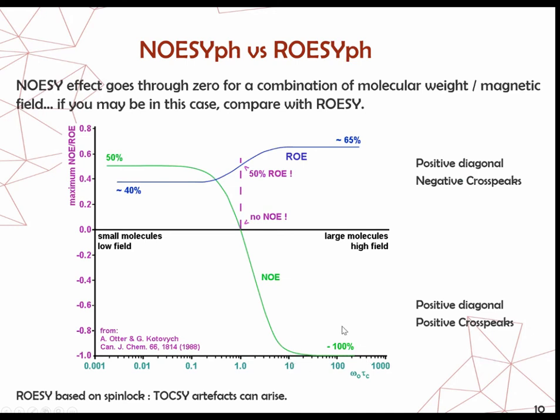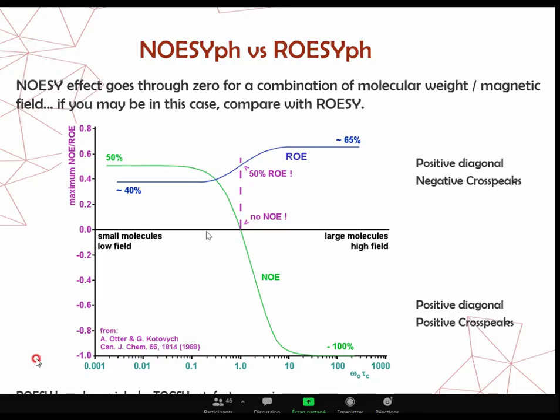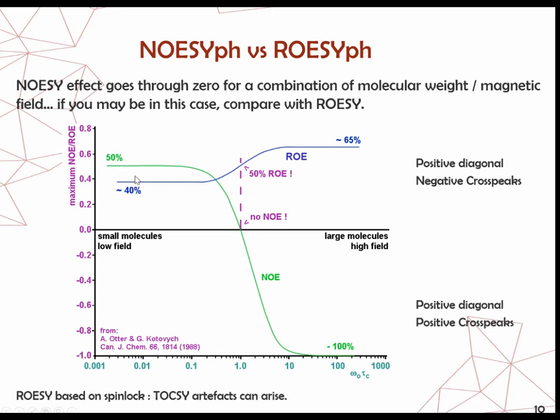So if you have big molecules, the best way would be to compare the NOESY with the ROESY, because ROESY means rotating frame Overhauser effect spectroscopy. So it's another experiment that should show you dipolar couplings, so through space couplings between protons.